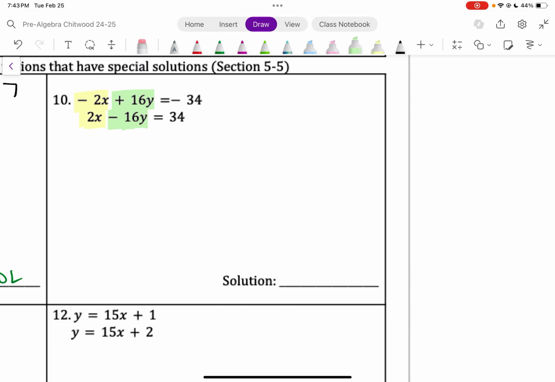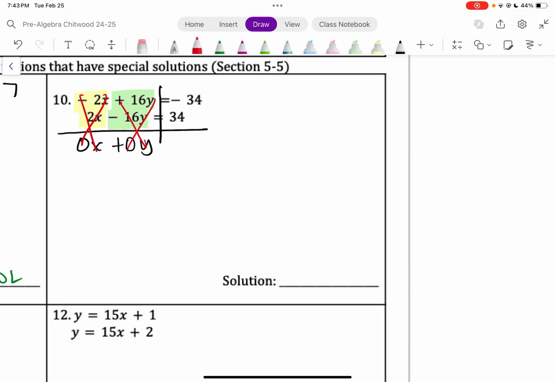If I have 2x and 2x and they're both opposite signs, different signs equals add. Same signs equals subtract. I am going to add these. I'm going to combine it. Negative 2x plus 2x is 0x. This gets eliminated. That equals 0. 16y plus negative 16y is plus 0y.